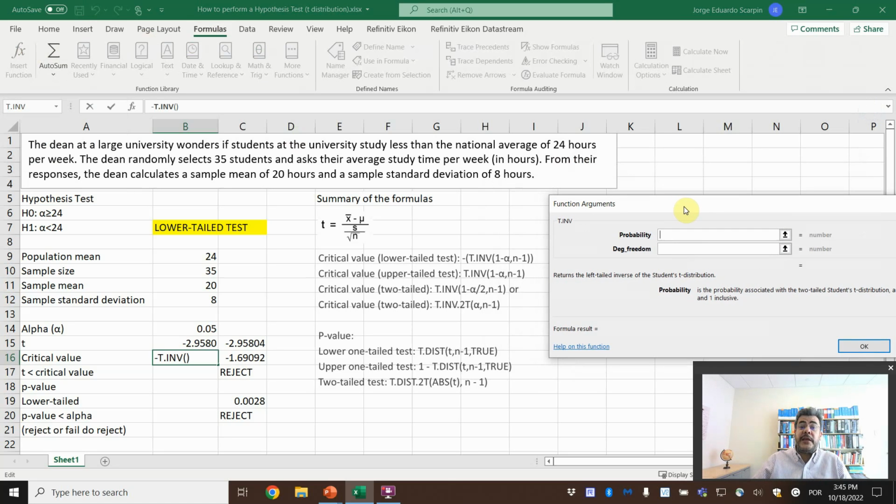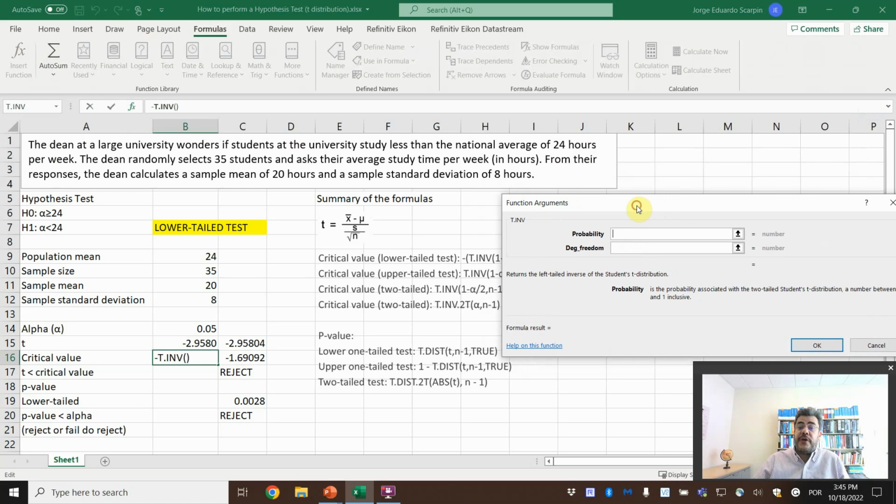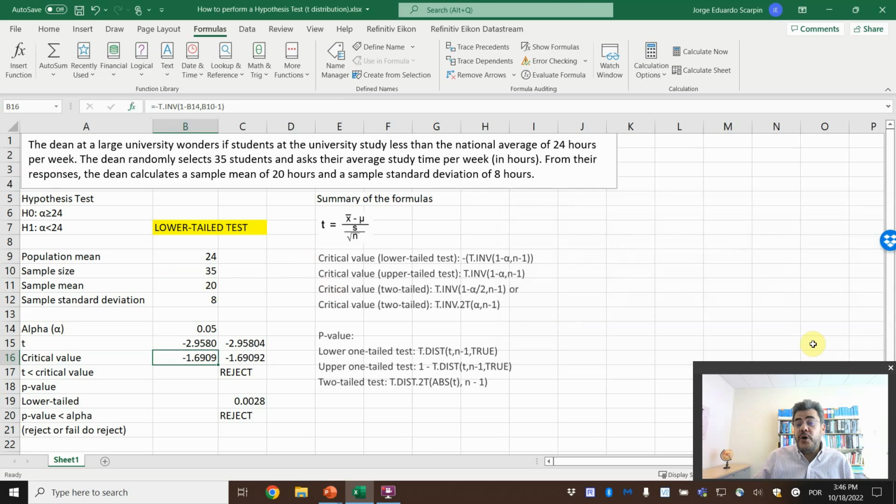The probability is 1 minus alpha, so 1 minus 0.05, and then degrees of freedom, remember, sample size minus 1. The critical value is negative 1.69. Do we reject or fail to reject? We compare both.